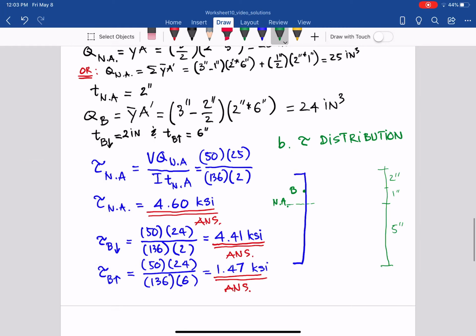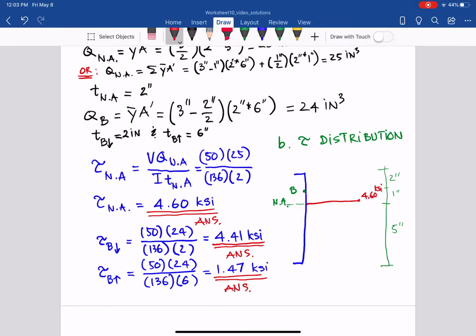So what it looks like at the neutral axis, it will be 4.60. From here, go to 4.60 KSI.